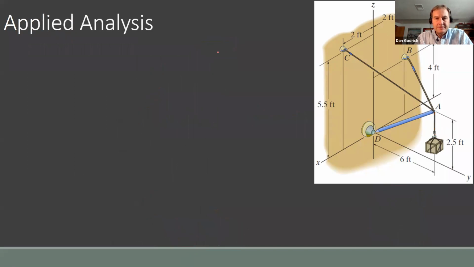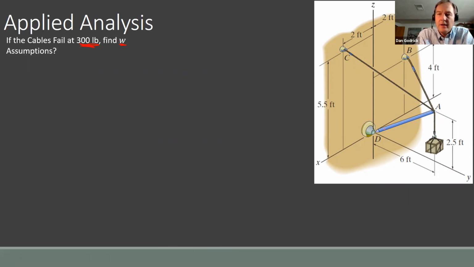All right. So now, if we know when our cables fail, if our cables fail at 300 pounds, how much weight can we load on this thing? Same assumptions from before. Cables are made of the same. Maybe we have an additional assumption that the cables fail before AD does. Yeah, that's made of steel.